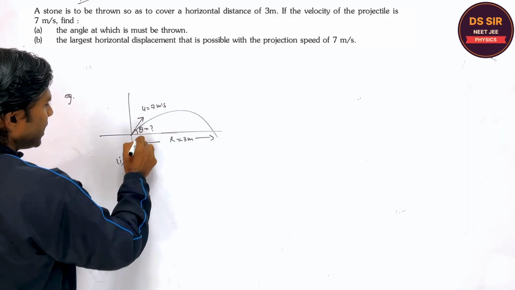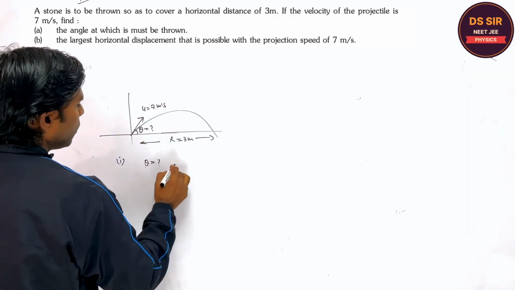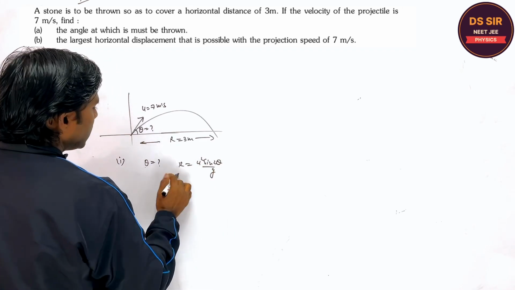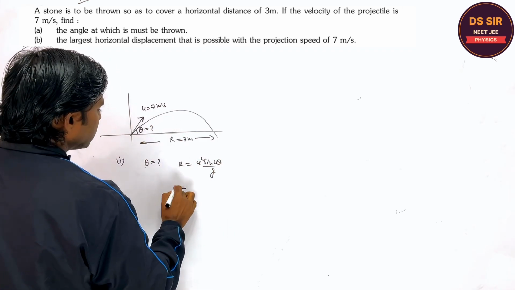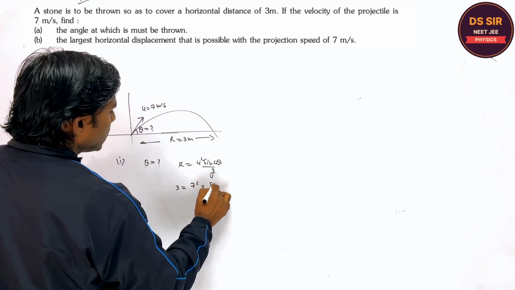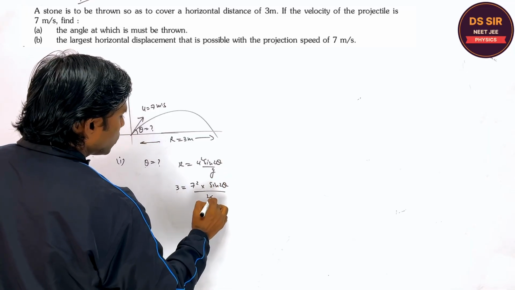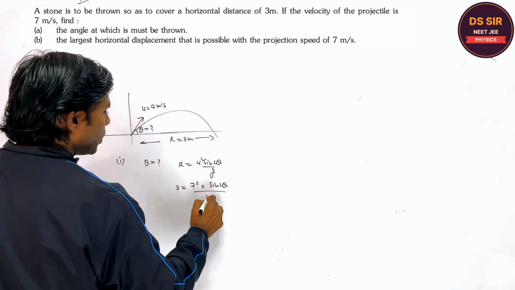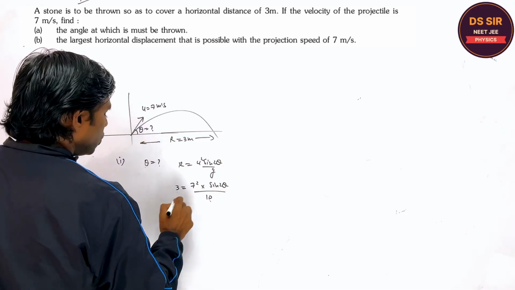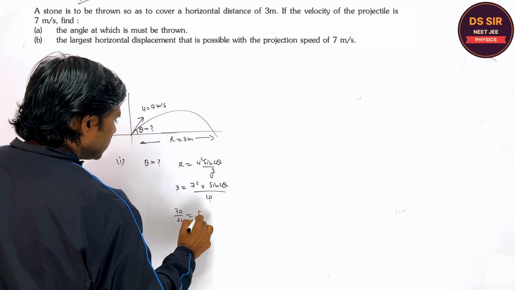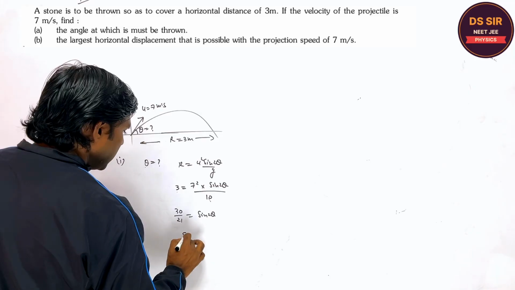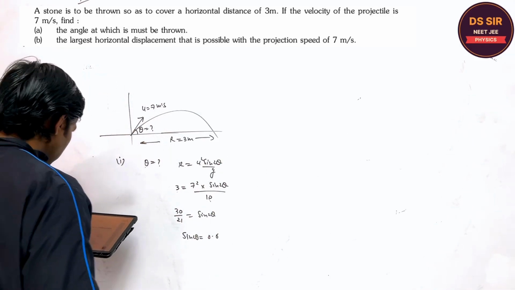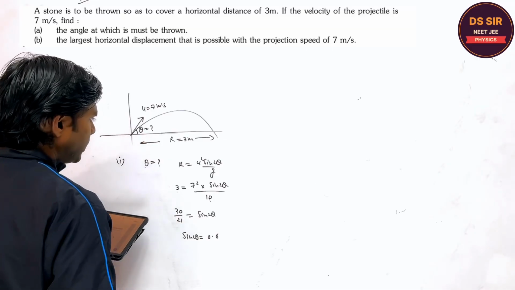So in the first part they are asking the angle theta. How? R is equal to u square sine 2 theta upon g. The range is 3. The speed is 7, so 7 square sine 2 theta upon 2 into 10. Use g equal to 10 only. So 30 upon 21 is equal to sine 2 theta. When you calculate this, you will get sine 2 theta equal to 0.28 or so.